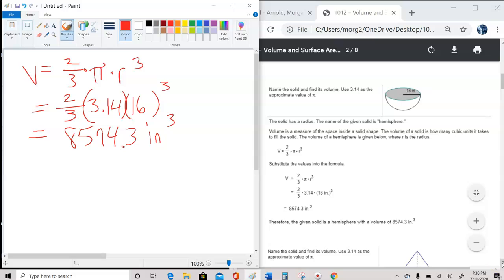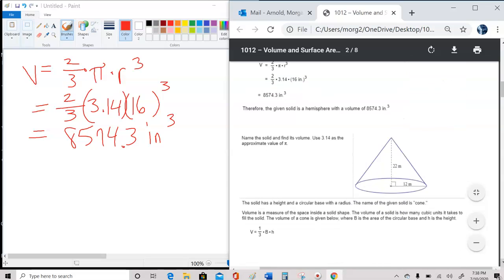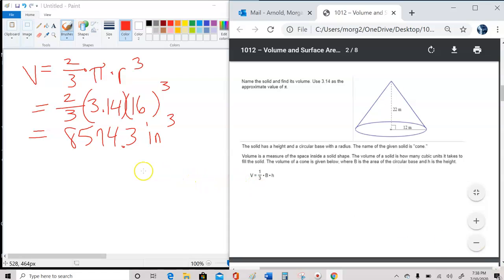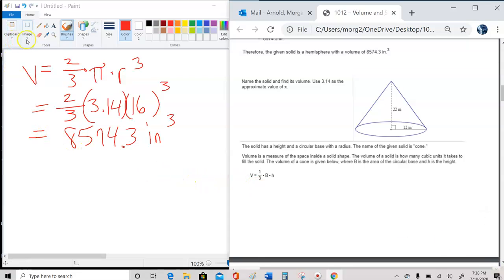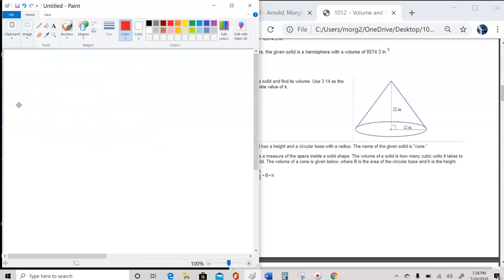Let's look at another figure. This figure is known as a cone, or more technically as a right circular cone. And we need to find its volume.